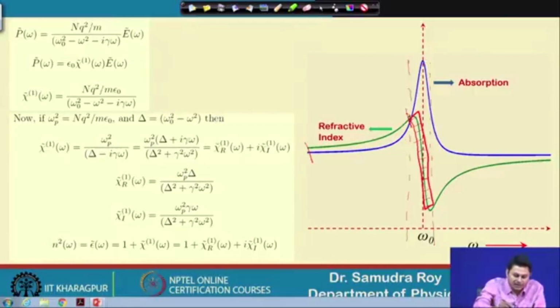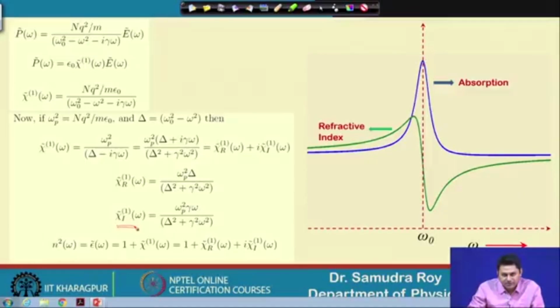Anyway, this is the part of the refractive index we have discussed. At the resonance condition, if I now plot the imaginary part, this imaginary part gives rise to some kind of absorption or loss.